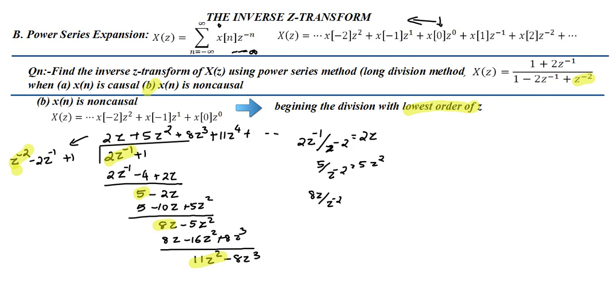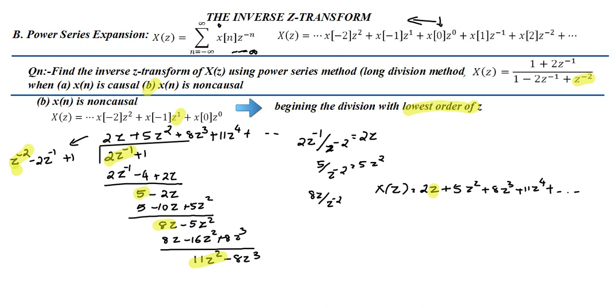So X of z I can write 2z plus 5z square plus 8z cube plus 11z raised to 4. And if you compare with the standard term, I can say like this: the term z corresponds to x of minus 1.